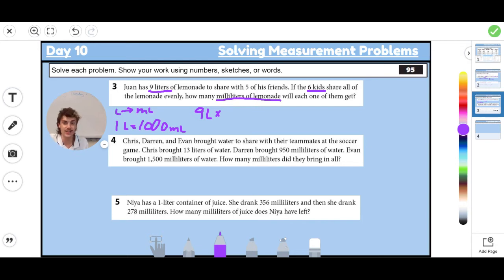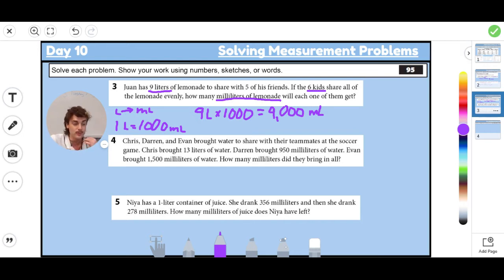Each liter contains 1,000. So 9 liters multiplied by 1,000 is going to give us our amount of total lemonade. So which will be 9,000 milliliters of lemonade. Now, that's how much we have in total.